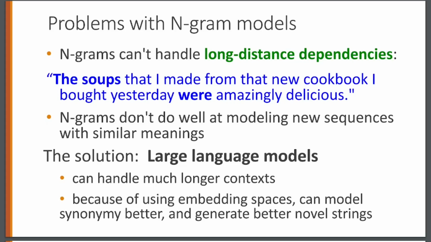And I'm never going to get that if I'm just looking at strings of words one after the other. Maybe if I set up my language model as a 1, 2, 3, 4, 5, 6, 7, 8, 9, 10, 11, 12, a 13-gram language model, okay, maybe we could capture the relationship between "the soups" and "were."